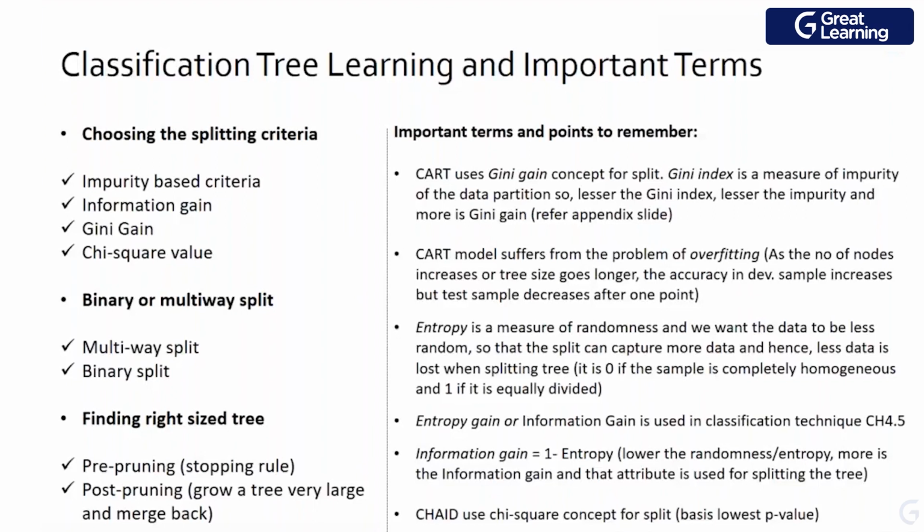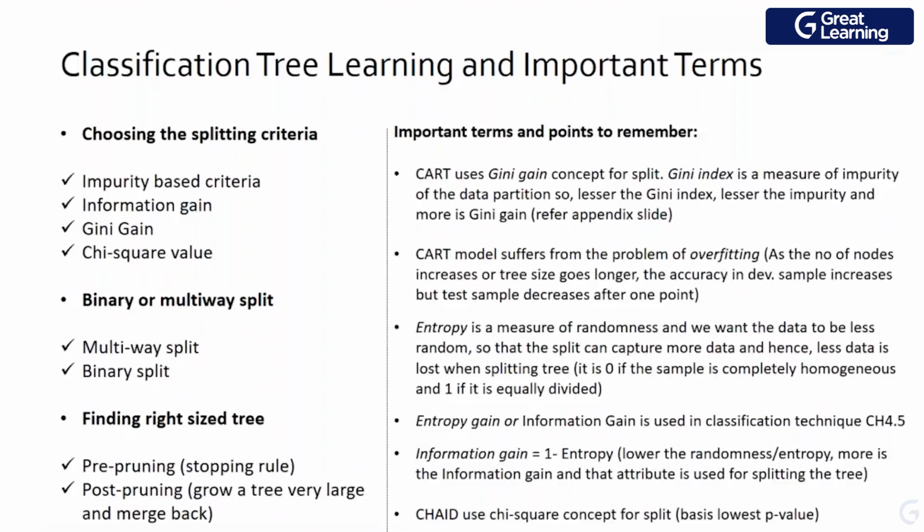You can actually tell the number of observations that you should have in your terminal node or in your leaf node, so that the tree will not grow beyond that particular point, and you can define a rightly sized fit tree. This is to avoid the problem of overfitting. We will cover in brief what overfitting means. So that is the first way, which is called a stopping rule or pre-pruning.